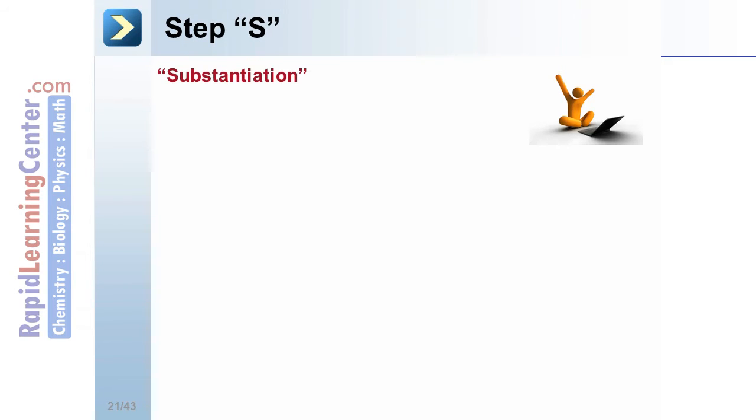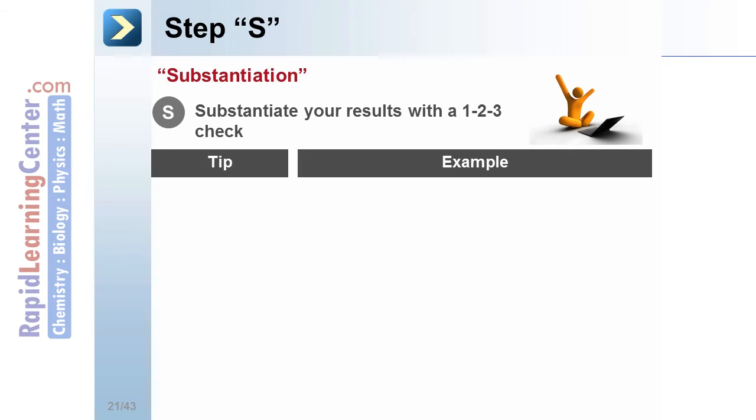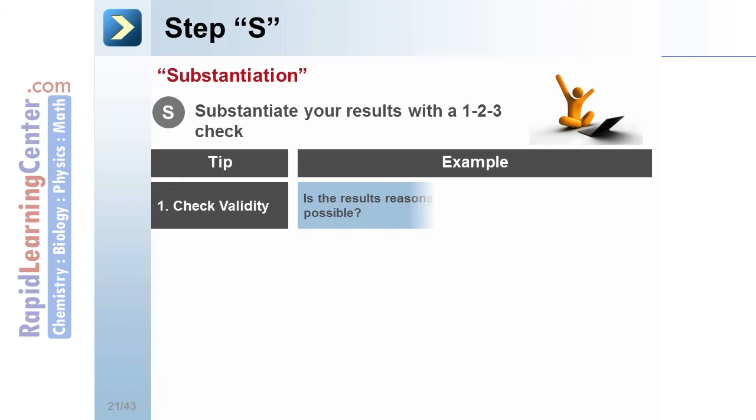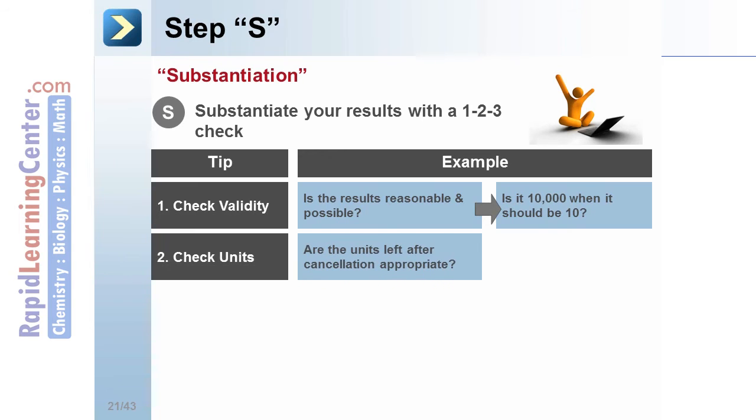The last step, S, is to substantiate your answer. Check to make sure it's valid, that it's in the ballpark, and that it's physically possible. Check validity. Is it reasonable? Is it 10,000 when it should be around 10? Check units.